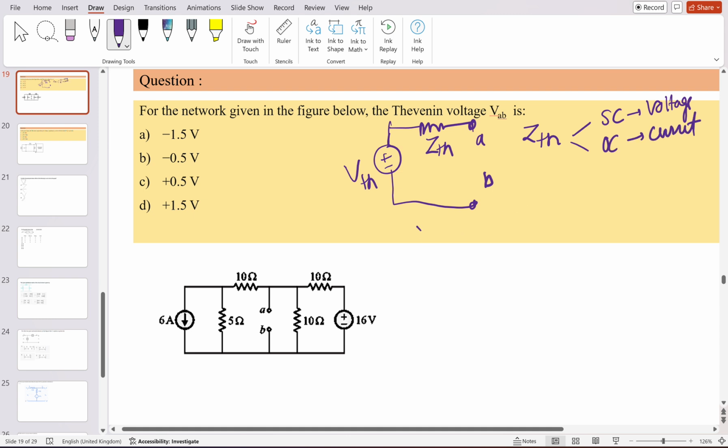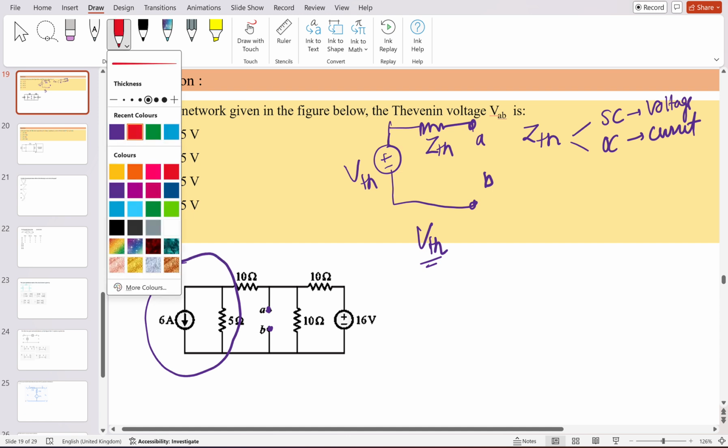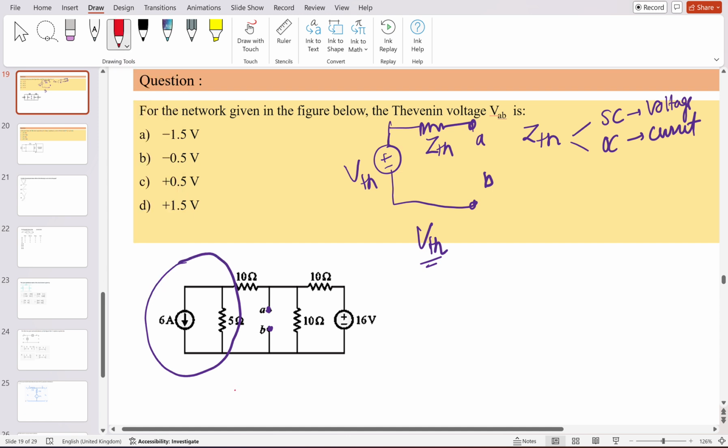For VTH, basically, you don't have to do anything. Just take that circuit and find out the voltage across AB, that terminal itself. AB terminal is being asked, so you have to find that out. If you see this circuit here, you can convert it into the equivalent voltage source. By converting it into the equivalent source, it will come out to be like this.